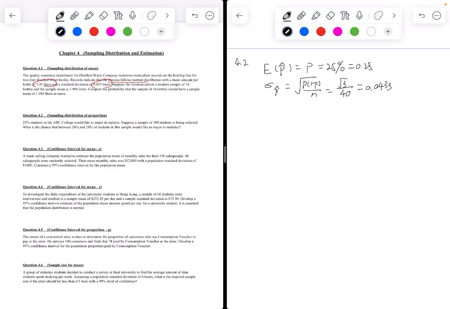Now let P be the proportion of students who would like to major in statistics. We can construct a normal distribution, which is N(0.25, 0.0433 squared).